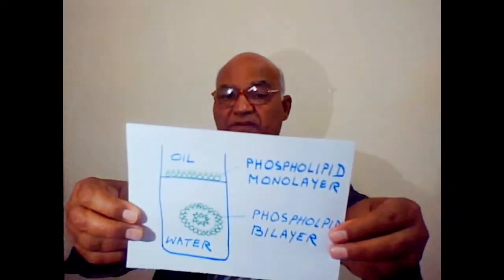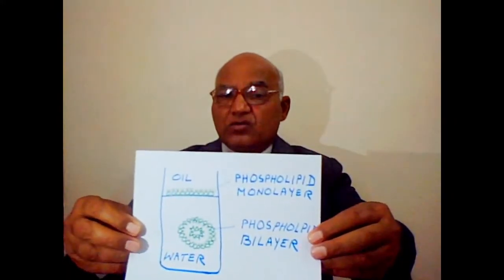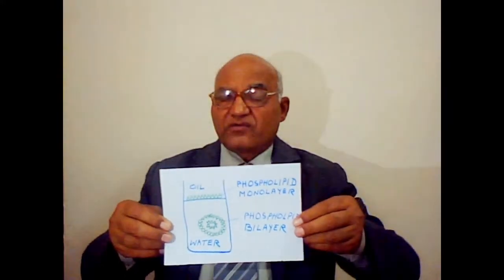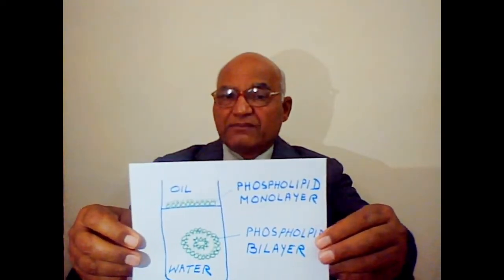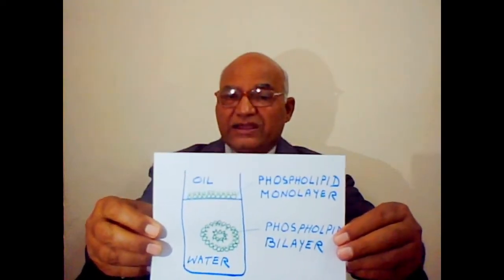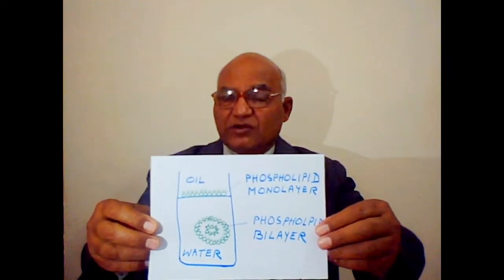So in the oil part a phospholipid monolayer may be formed, and in the water a phospholipid bilayer may be formed, and in the oil the heads are downward and the tails face towards the oil. Perhaps this is the theory of how the formation of monolayer and bilayer lipid layers might have occurred in nature, and this simple experiment demonstrates it.